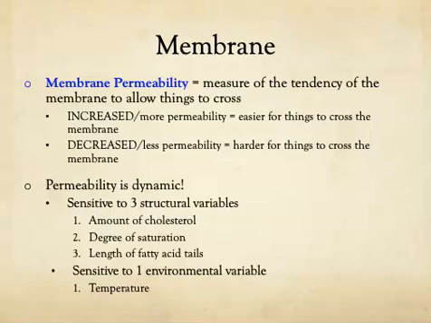Remember, we said permeability is about whether or not a membrane allows things to get across. And a membrane that has high permeability or more permeability is one that is structured in a way to make it easier for things to get across.